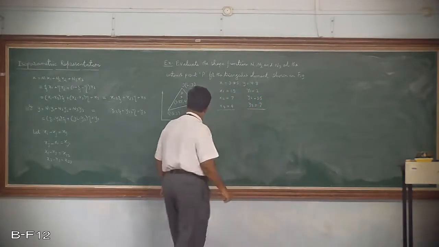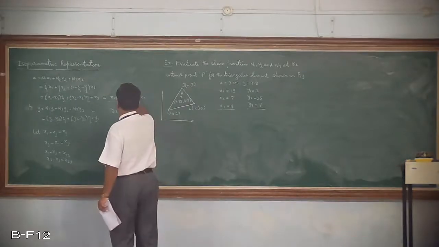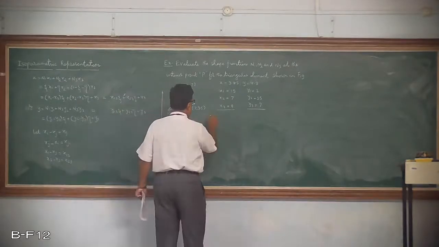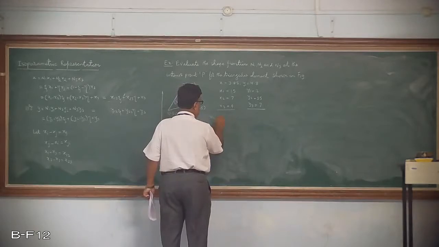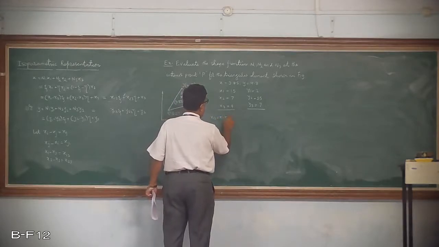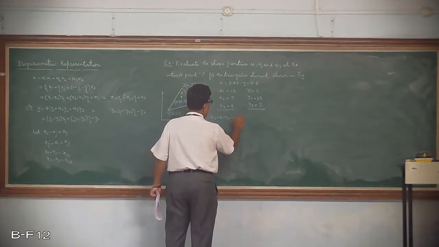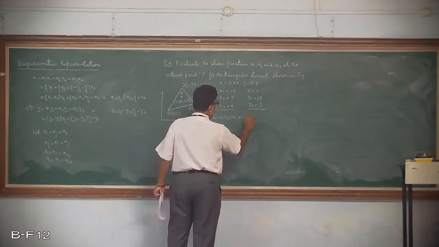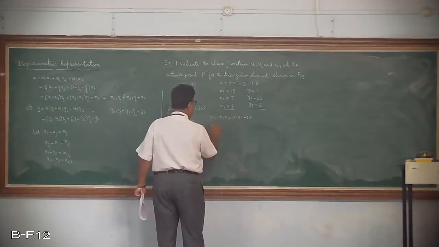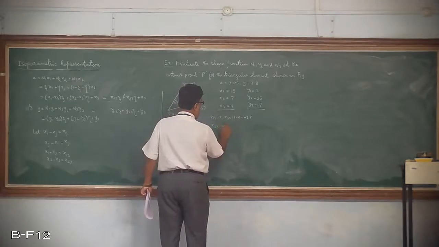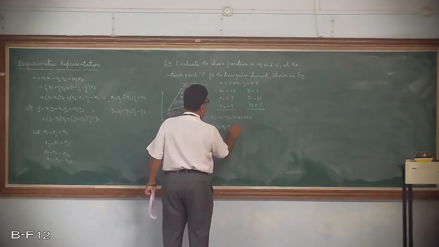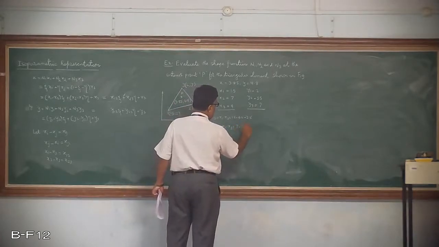Since you already know these two relations, what you require is x13, which is nothing but x1 minus x3. It is 1.5 minus 4, which is minus 2.5. x23 is x2 minus x3, 7 minus 4, which is 3.